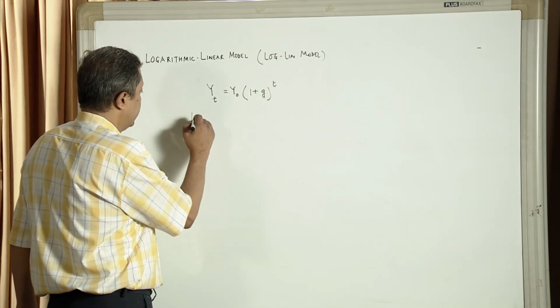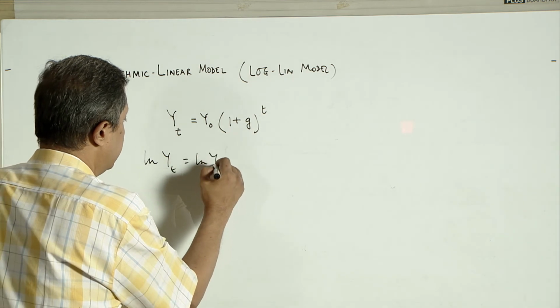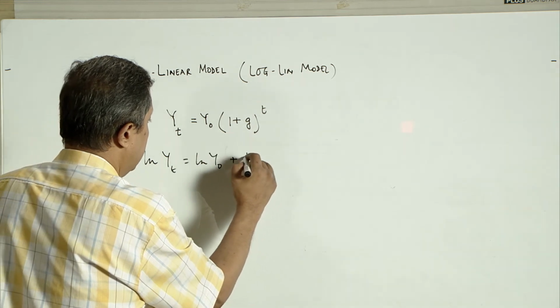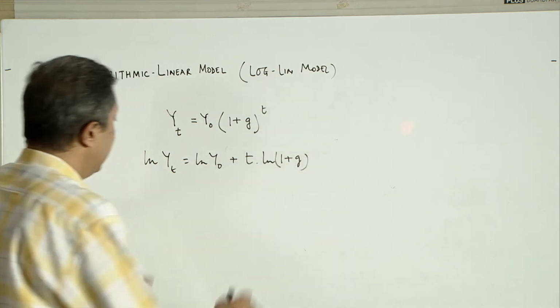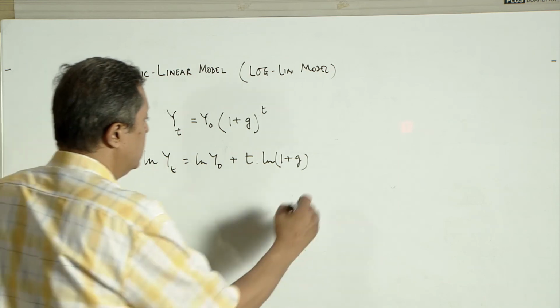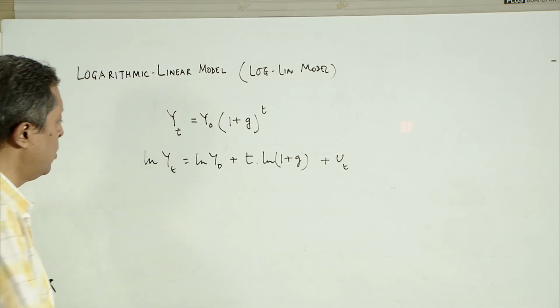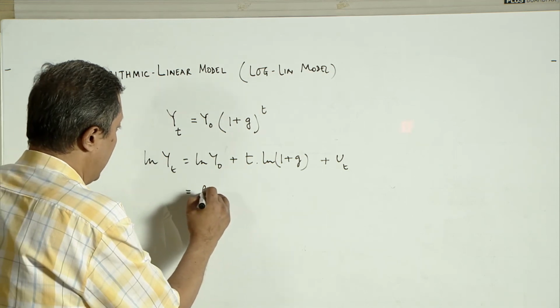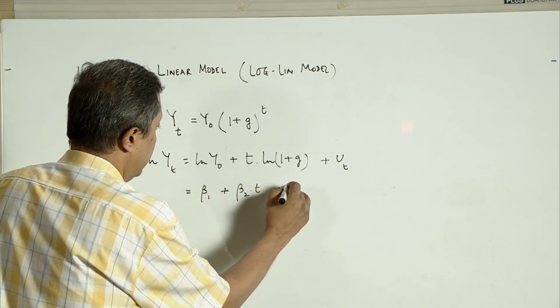So, we can write log yt is equal to log y0 plus t times log 1 plus g, but that is a deterministic relation. So, what we do? We add ut, and that is exactly our model, beta 1 plus beta 2 times t plus ut.